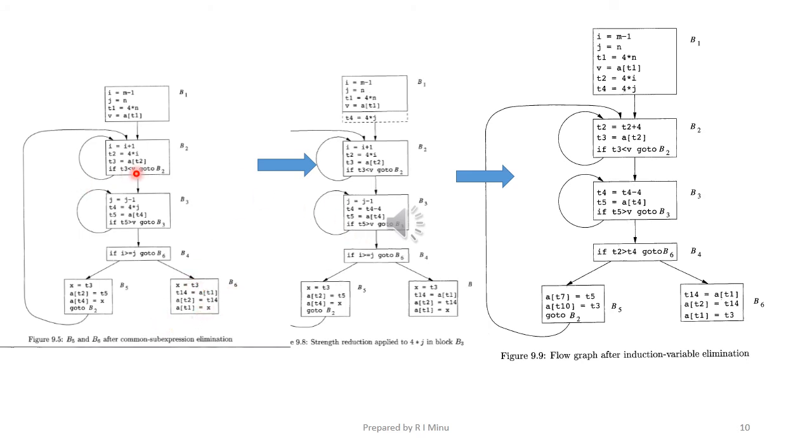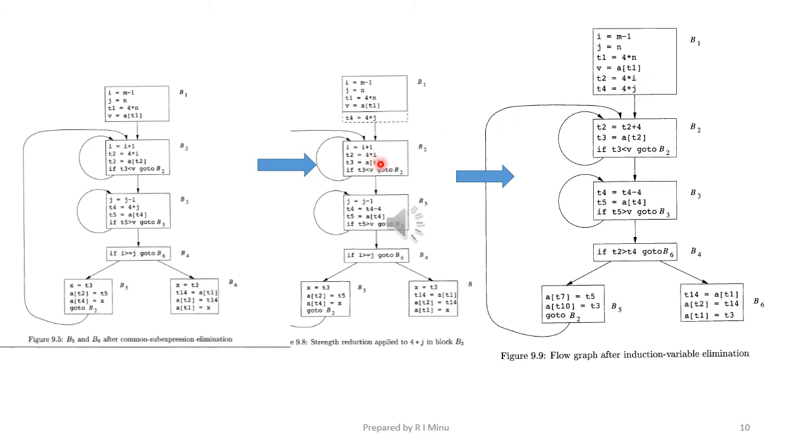Here we find that in block 2 and block 3, I, T2 and J, T4 are the induction variables. We are going to replace these, but we cannot eliminate them because they have been used over here. So we reduce the strength of manipulating 4 into I and 4 into J, with T2 is equal to 4 into I and T4 is equal to 4 into J.